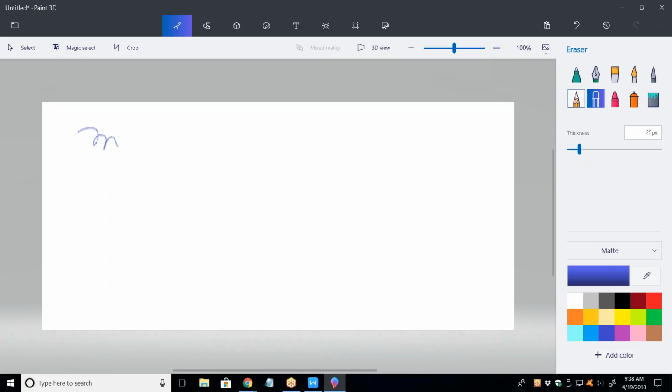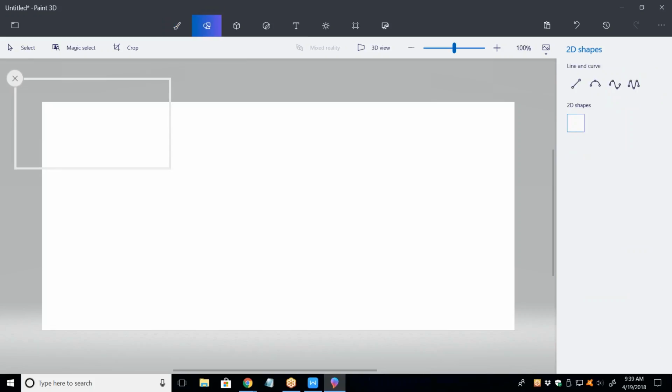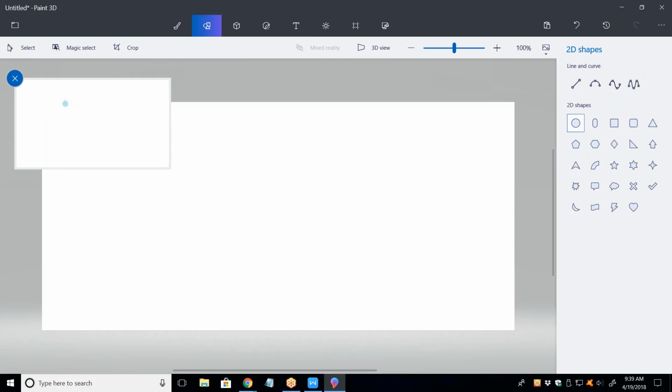I need to turn this thing into a drawing. How do I do that? Are you familiar with this? Text, not at all. 2D shapes, no, I don't want that. Select, I'll bet. Maybe that's all I need.